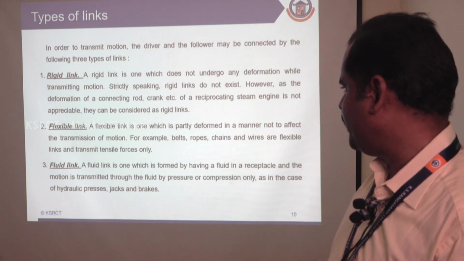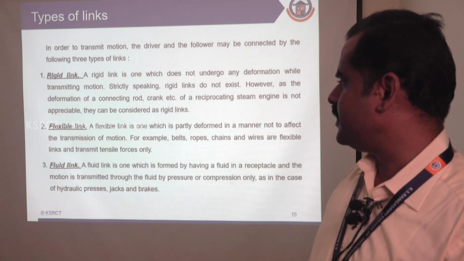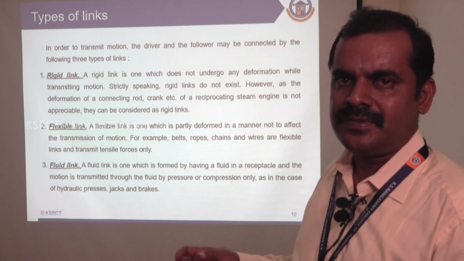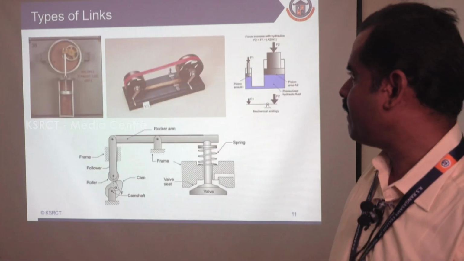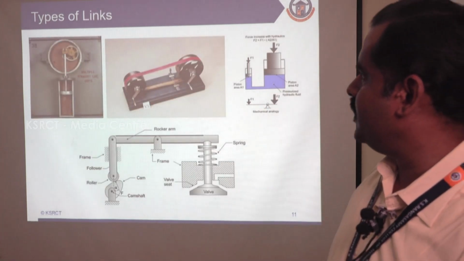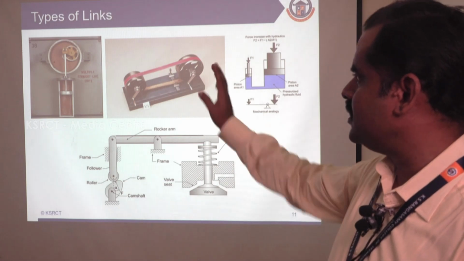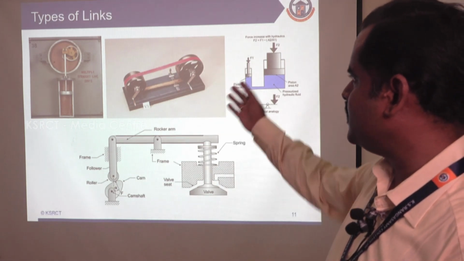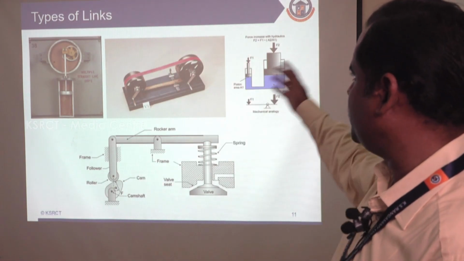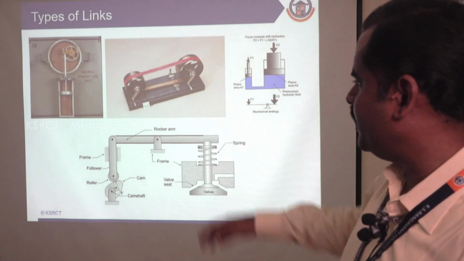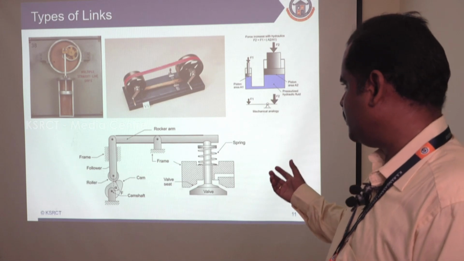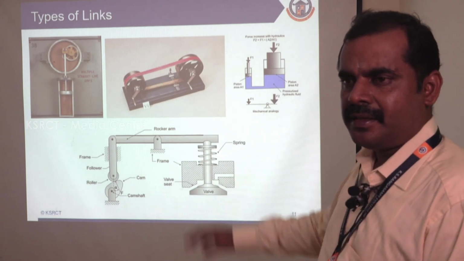Then fluid links, where hydraulic presses, jacks and brakes are fluid links. With the help of a fluid we transfer the motion. These are examples of these links. The first one is a rigid link, the second is a flexible link, and the third is a fluid link. And this is an example of different types of parts used in a valve actuating mechanism.